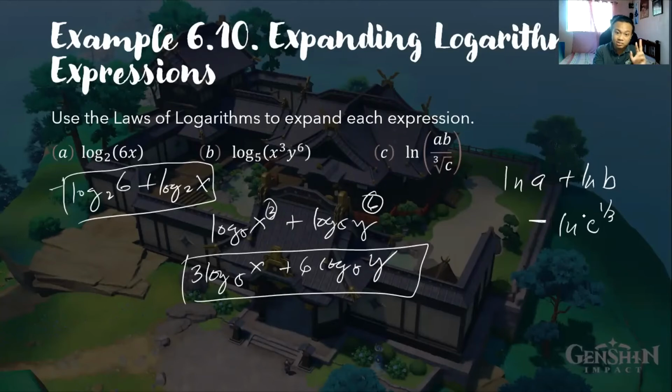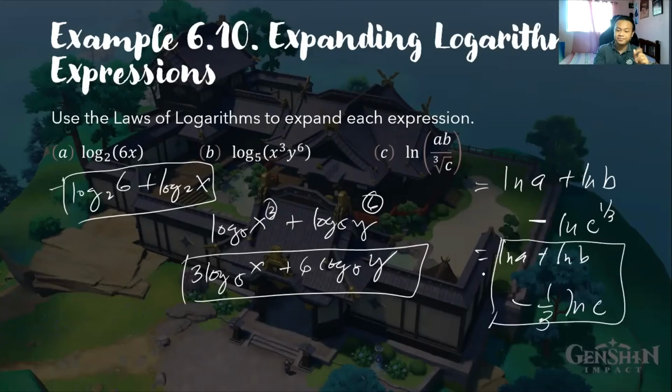You can also bring it down as the exponent, right? So the final form is ln a plus ln b minus 1/3 ln c. I think I already put that in your module.